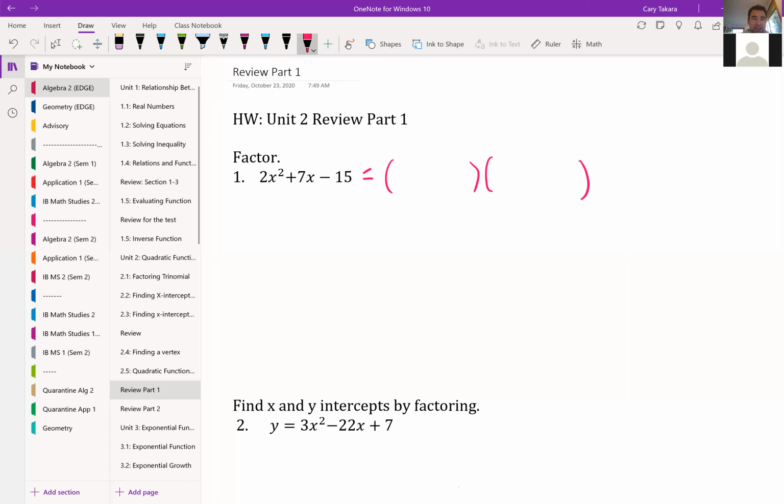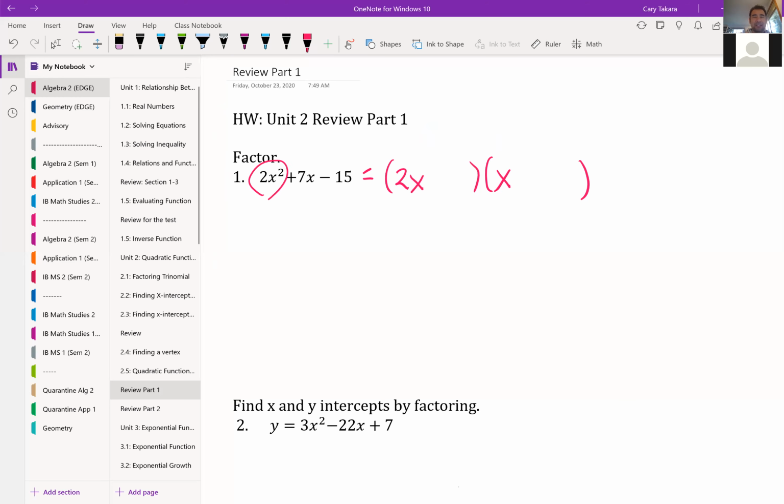So you're going to ask yourself first, how do I get 2x squared? And that is by having 2x and x, because when you distribute, 2x times x will give you this 2x squared, right?